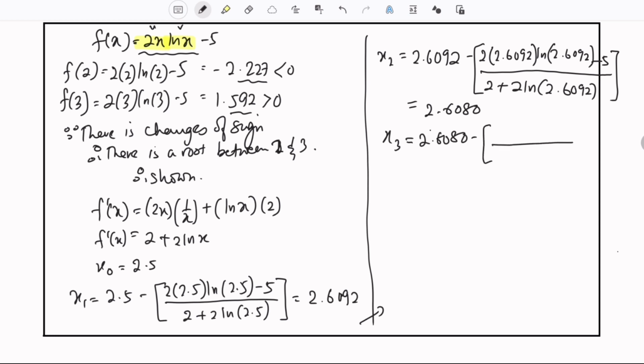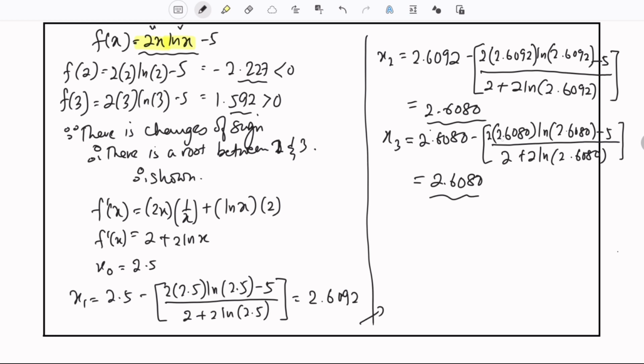So you do the process, substitute. So we have x3 to be 2.6080. So now we get the same answer. The same value, so we can stop the iteration. So hence the root is 2.608 to 3 decimal places.